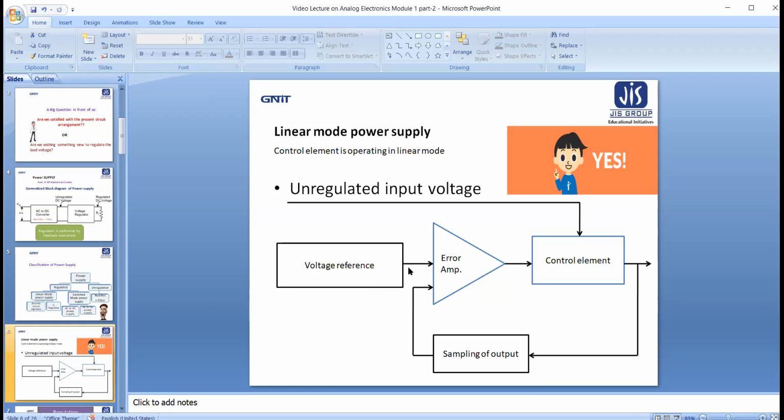Therefore, to have the voltage reference, we must use a Zener diode, and the sampled output will all the time be checked by this Zener voltage, and the corresponding output will go to the control element so that we can regulate the DC output voltage. So this is the overview of the linear mode power supply.